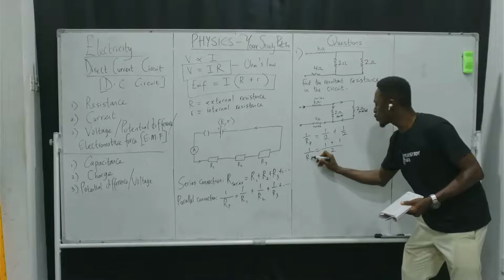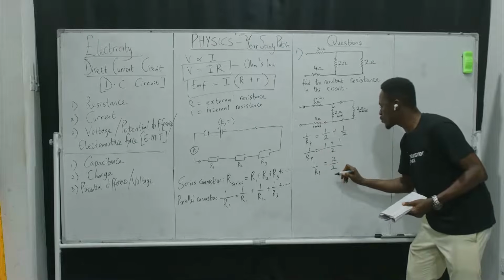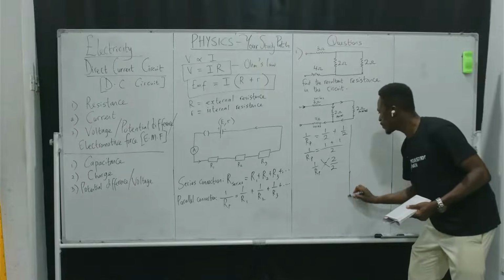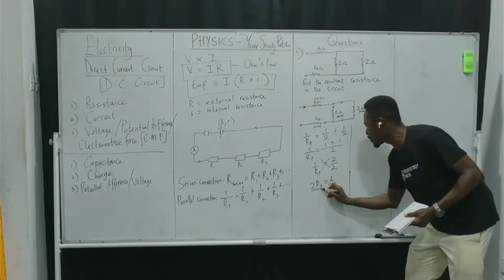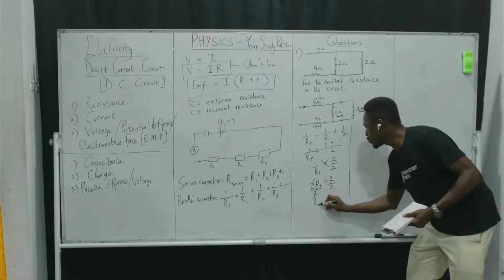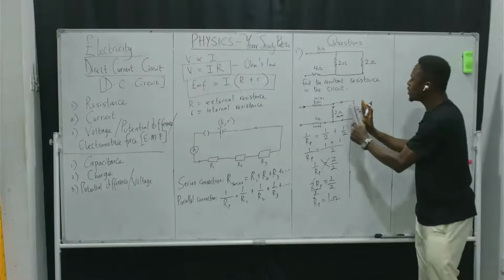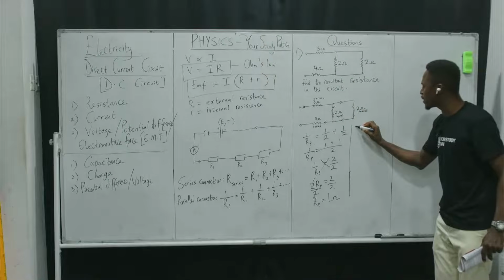Easily we can say that your 1 over RP is equal to 2 over 2. Cross multiplying, we have 2RP equal to 2. Dividing both sides by 2, RP equals 1 ohm. So merging these two resistances together, you are going to have something like this.